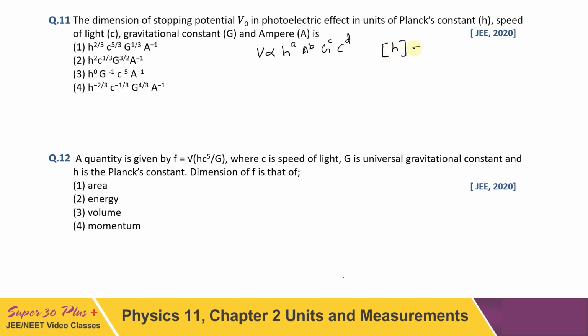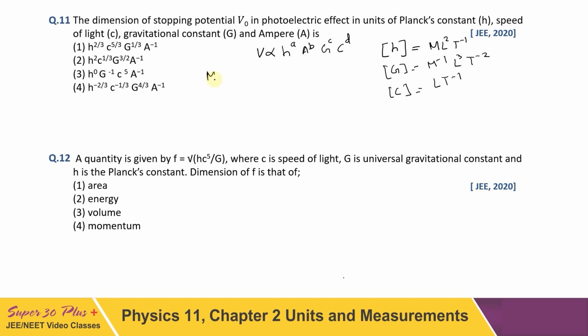In your rough work you can do this. Write the dimensional formula for h. You can use the formula E is equal to h nu, and you would get the dimensional formula for h as m L2 T minus 1. For G, it would be m minus 1 L cube T minus 2. For c, this is a velocity term, so a very common one, L T minus 1. Now if you substitute the values, the dimensional formula for V is energy upon charge.